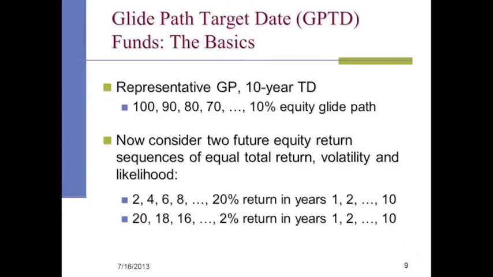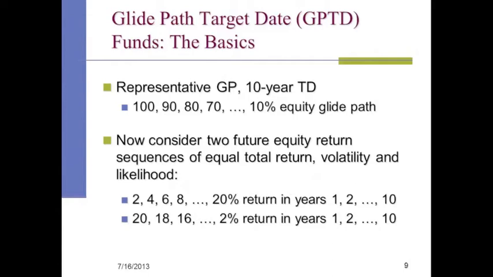Let's begin by being as simple as we can, sort of a back of the envelope look, and take, say, a 10-year period in a representative glide path, which is kind of extreme, but it will illustrate better the points. A glide path which begins 100% in equity and falls 10% each year till it begins the 10th year with 10% in equity.